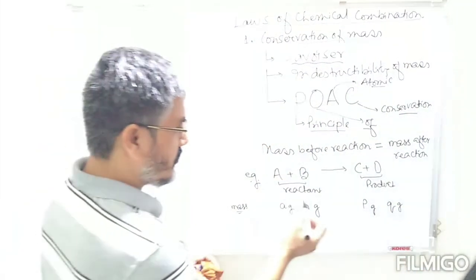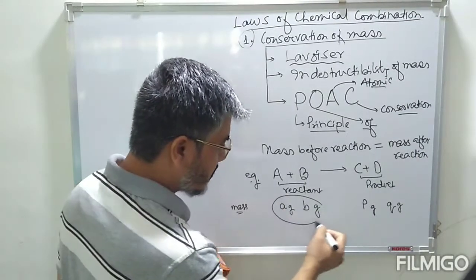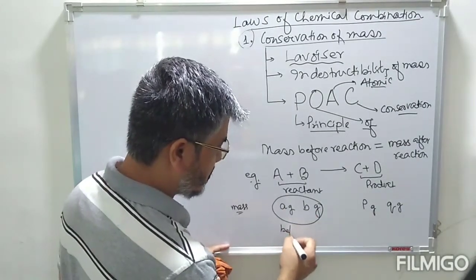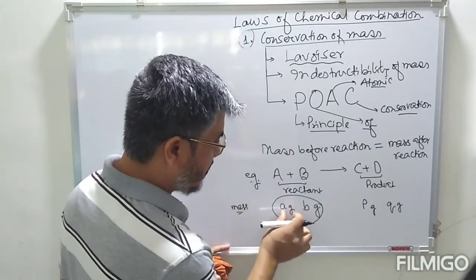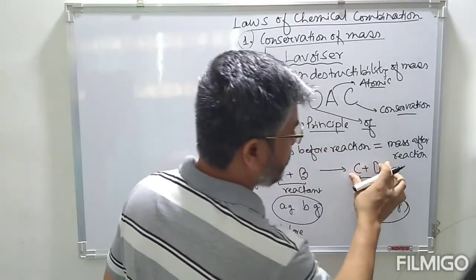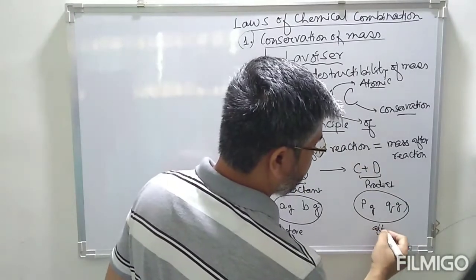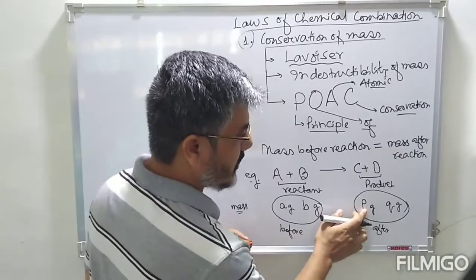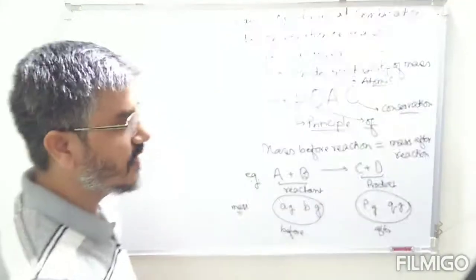So mass of reactant before reaction is A grams of A and B grams of B, and mass of the product after reaction is P gram and Q gram.